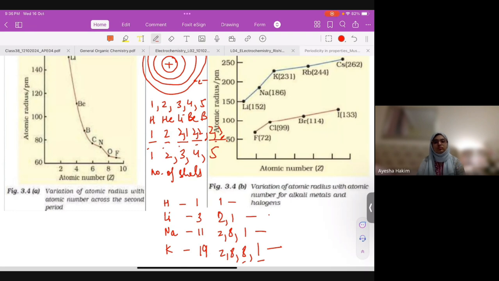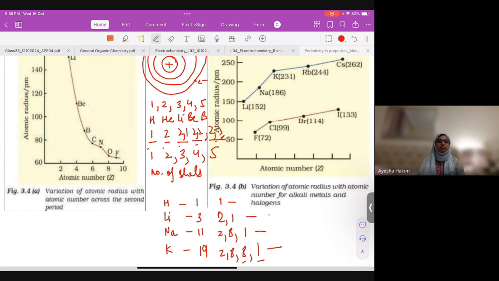So the effective charge from the nucleus acting on the outermost electron will be less, and hence your atomic radii will increase.